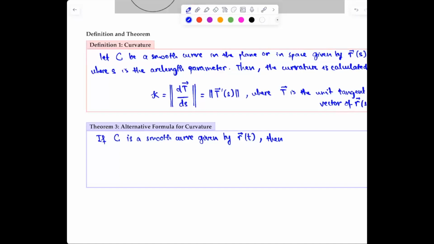Then the curvature is kappa equal to the magnitude of the derivative of the unit tangent vector divided by the magnitude of the tangent vector. Again, capital T is the unit tangent vector, and r prime of t is the tangent vector.